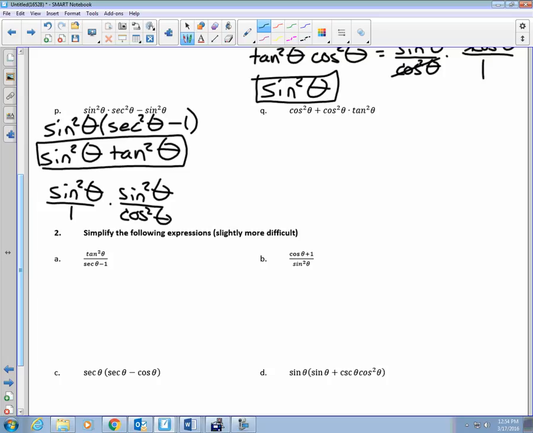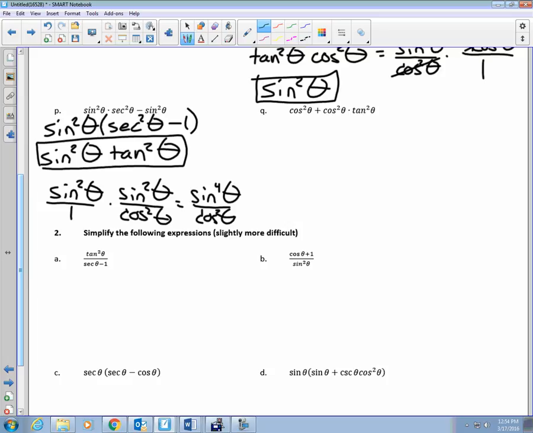No, because this would be sine to the fourth, right? If you got this on the test and you then wrote it in that form, I'd probably give you full credit for expressing it that way. But this doesn't really help us at all. That's probably more useful.